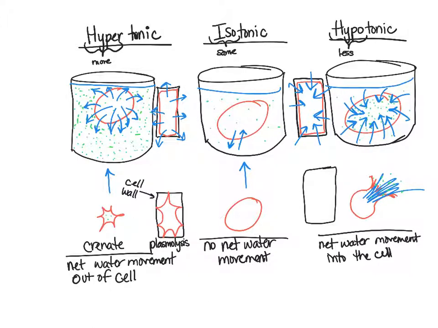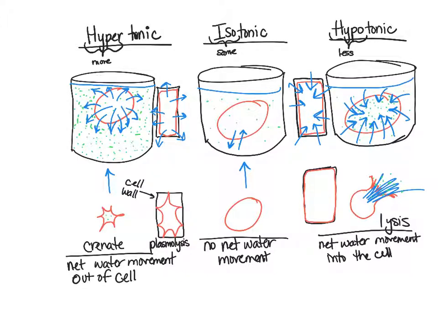And in this case, rather than us having cell lysis, which is a bursting of the cell, instead we're going to fill this all the way up to where the plasma membrane is going to basically be right up against that cell wall. And so it's going to be as full as it can get filled with solution.